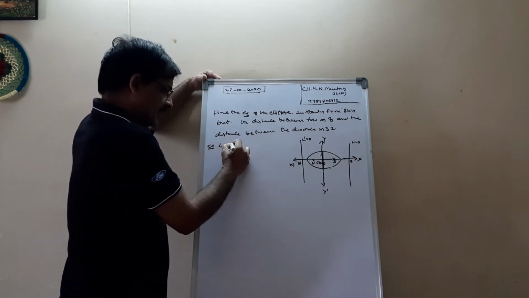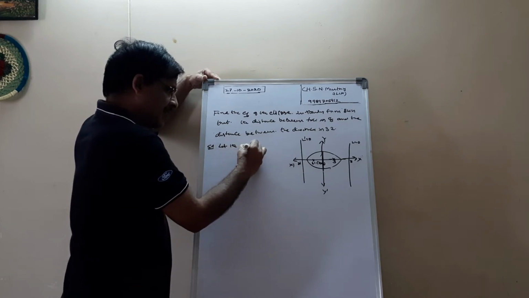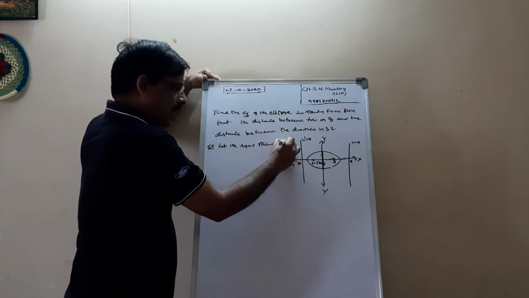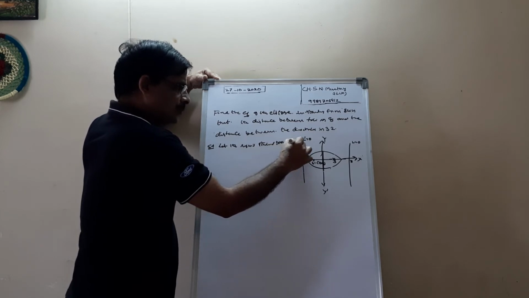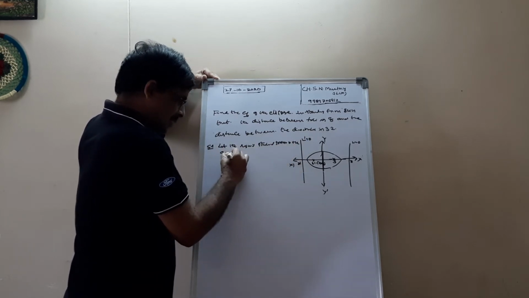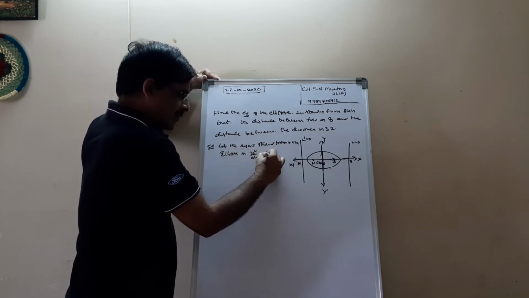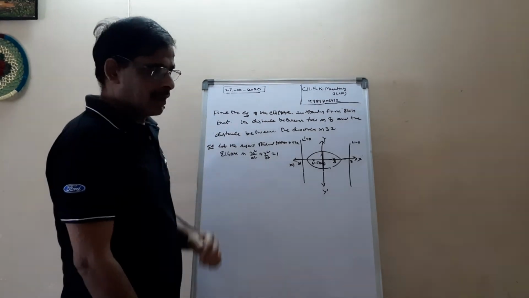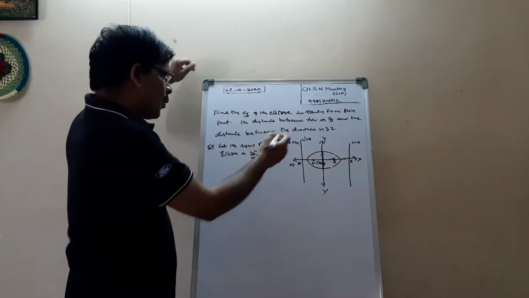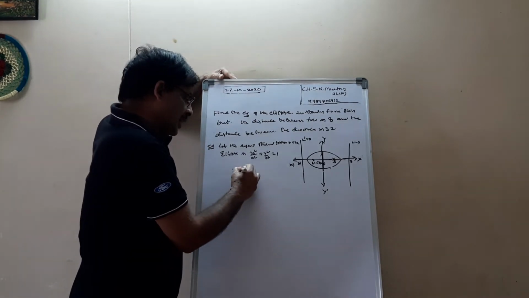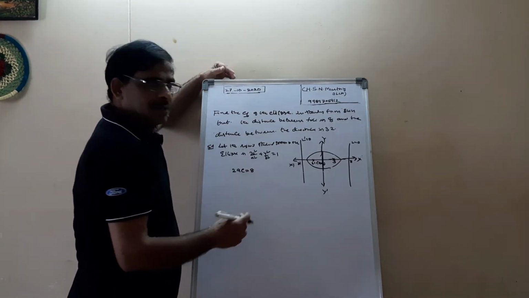Let the required standard form of the ellipse be x square by a square plus y square by b square equal to 1. And what is given? The distance between the foci. So 2ae equal to 8.